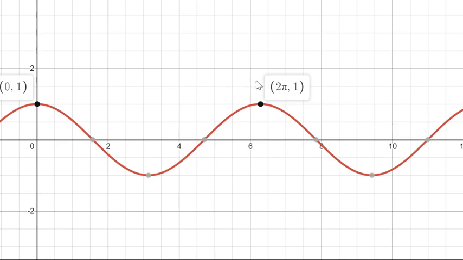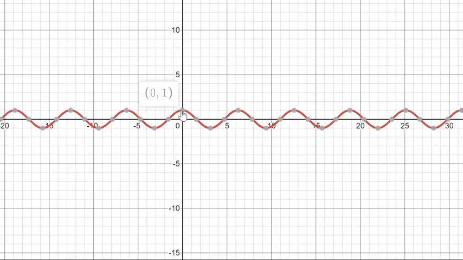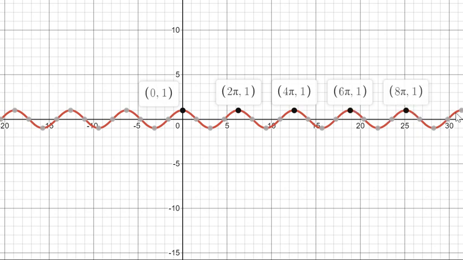But now the question arises: when can it take the maximum value 1? Look here, cos 0 is 1, cos 2 pi equals 1. If I extend this curve, 0, 2 pi, 4 pi, 6 pi, 8 pi, 10 pi. So from here, look at these points and tell me, when will the cos value be 1?